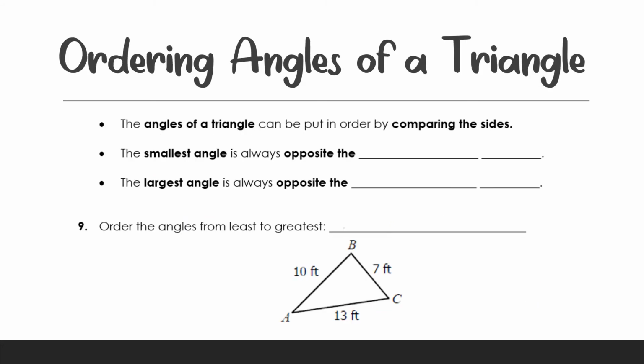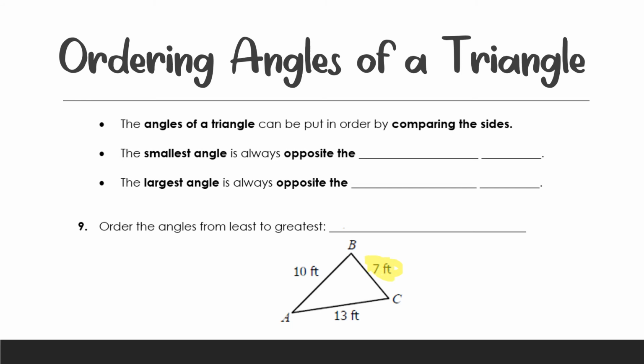The last thing we're going to look at is how to order the sides and the angles of a triangle. When you know the side lengths, the angles can be put in order by comparing their sides. So for this triangle, the smallest side is BC, which is 7 feet.